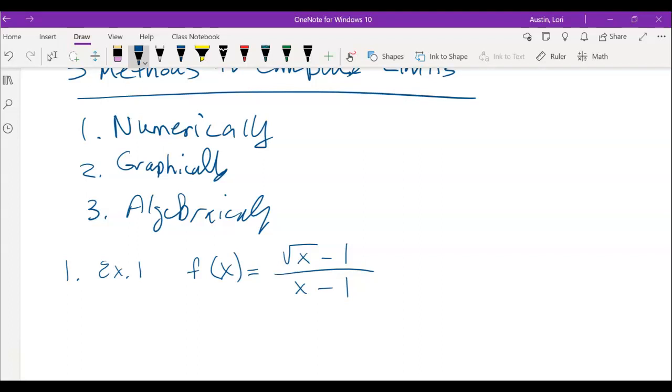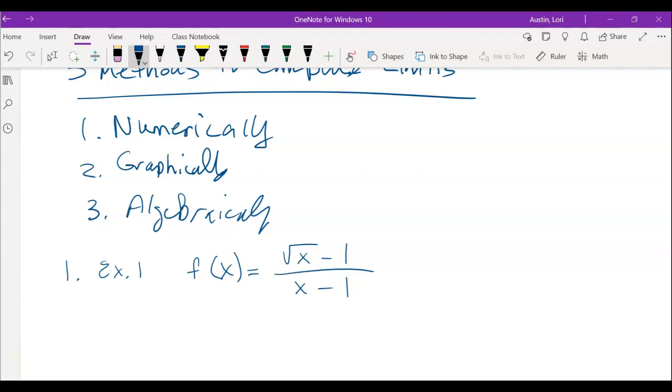Now, why do we need limits? We just saw that even though a function doesn't have a value at a certain point, it could still have a limit, correct? When you look at that function, where do you see an issue in that function? Well, there's a couple, but we're going to deal with one. The denominator. What's the issue in that? What can't I just plug in?